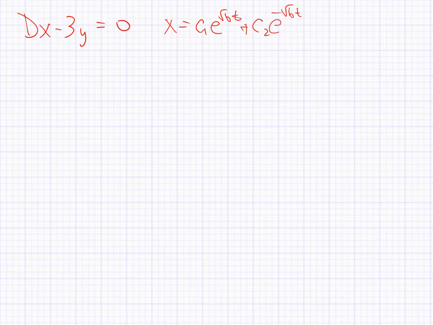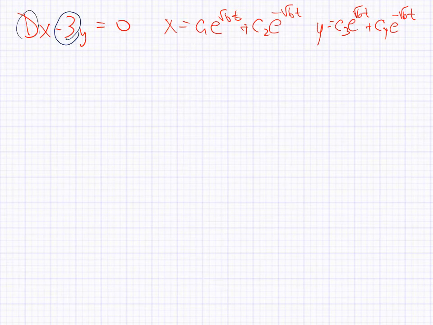And we also have that y equals c3 e to the square root of 6t plus c4 e to the negative square root of 6t. All right, so if we're going to plug these in, we have to multiply y by minus 3 and take the derivative of x. So let's take the derivative of x here, and then we'll plug it in to this piece, and then we'll multiply y by negative 3.